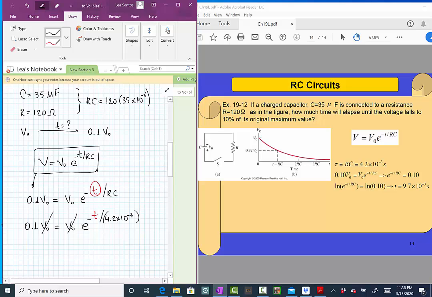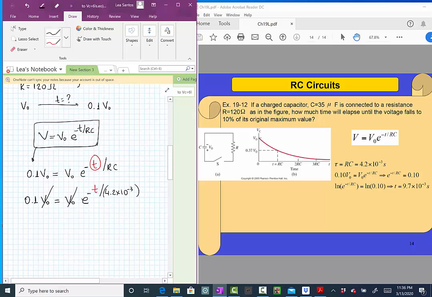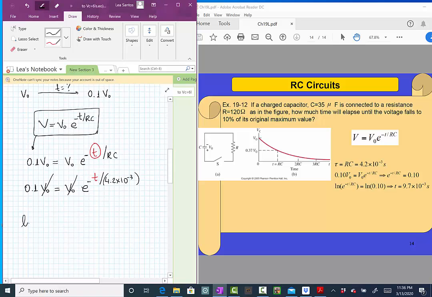We said it is the same on the left and on the right. How do we get the time now? Well, we have an equation that is involving an exponential. To get rid of this exponential, we do a ln. Okay, the ln of an exponential to a certain power is whatever I have in that power. Okay, so this is what I'm going to use.